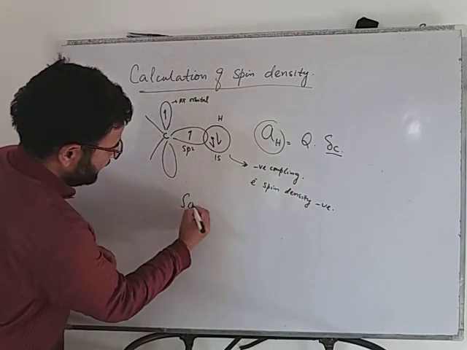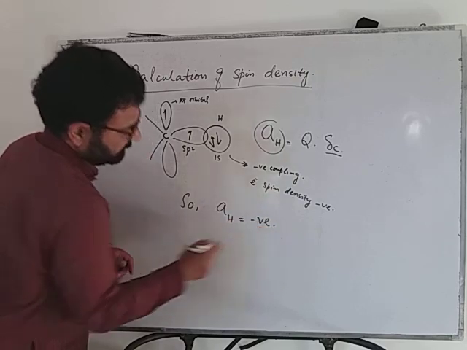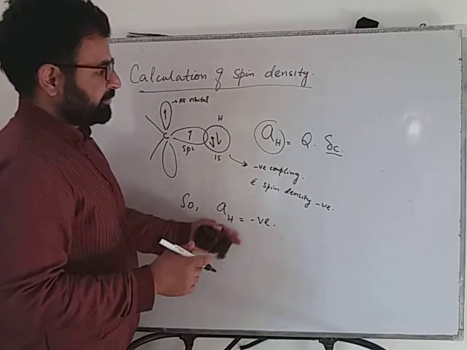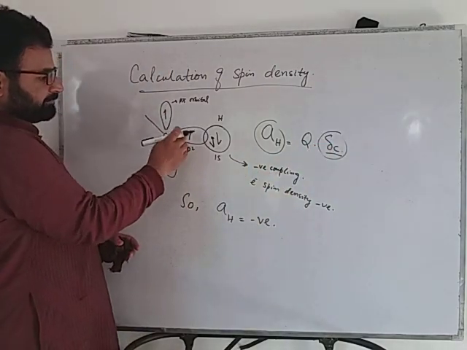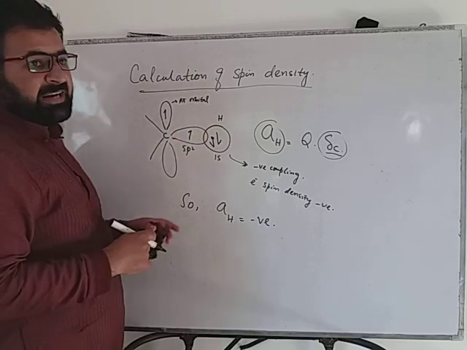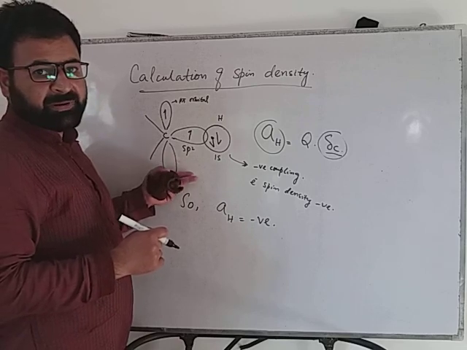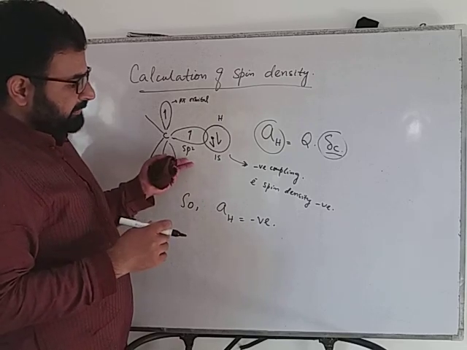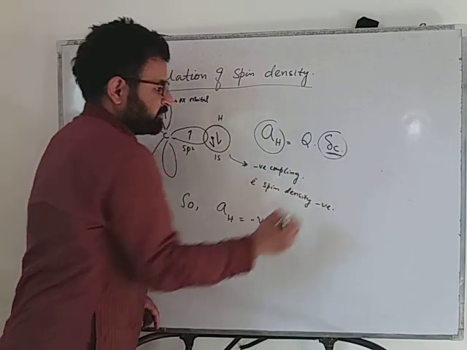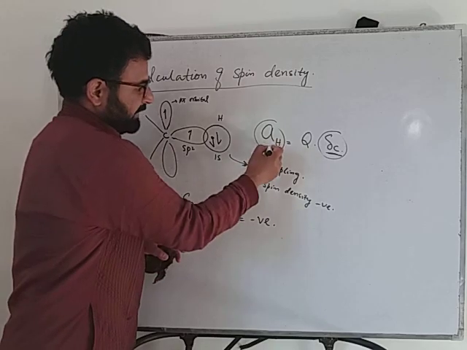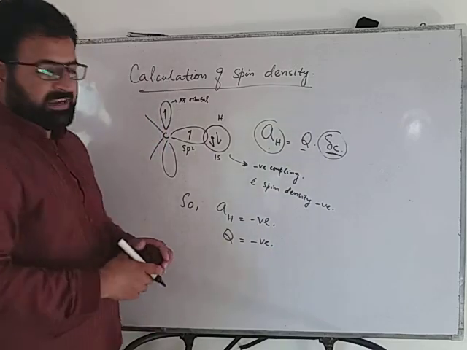So AH will be negative. Okay, if AH is negative, since ΔC is positive, because here the nuclear spin and the electronic spin over carbon are anti-parallel in spin, there is positive electron spin density, so this will be positive. As a result, we can say if AH is negative, then Q is also negative.